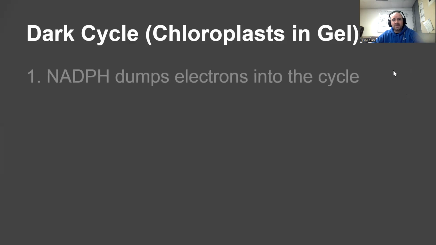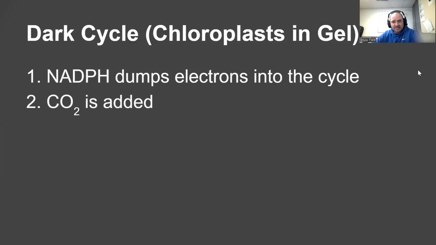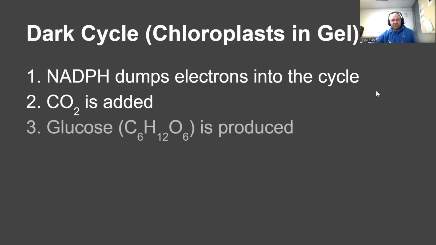What are the steps here? The dark cycle. NADPH, that electron battery, is going to dump those electrons into the cycle, so kickstarting it. So it comes over from the light cycle, kickstarts the dark cycle there. Carbon dioxide is added in. Remember, this is the part where autotrophs take in that carbon dioxide through their leaves. And through that process, there's a lot of carbon fixation going on and a lot of intermediary steps there.